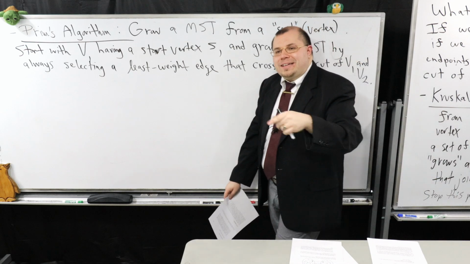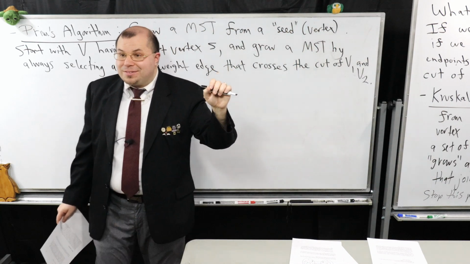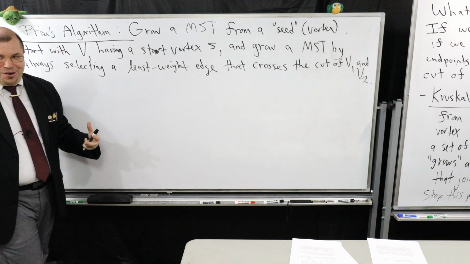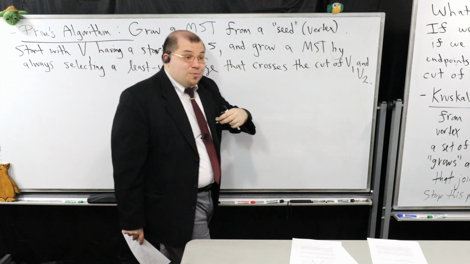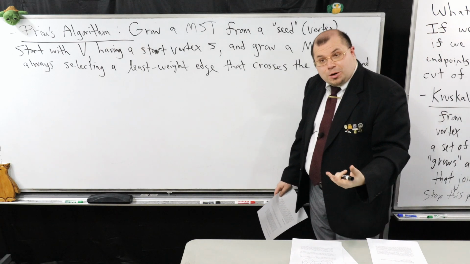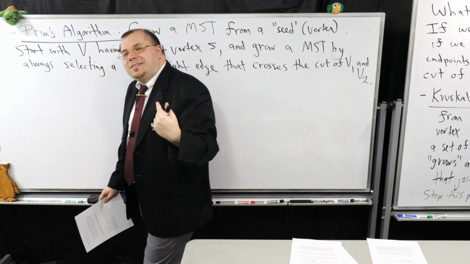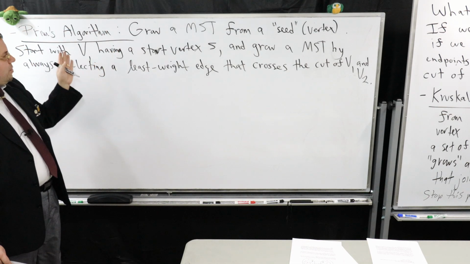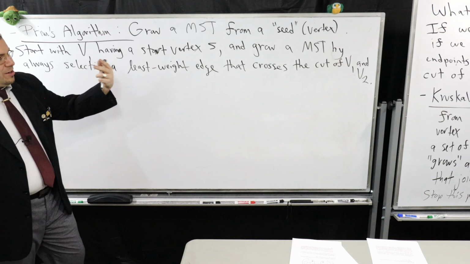It always picks a least weight edge, and as this happens, if you think of S being the initial place where the blob starts, the blob is going to have more and more vertices it discovers as it does this process. That means I'm going to have to take into account whatever is the least weight edge from the vertices that are in V1 to those that are in V2.